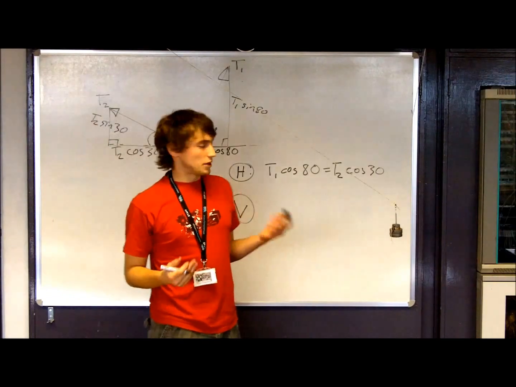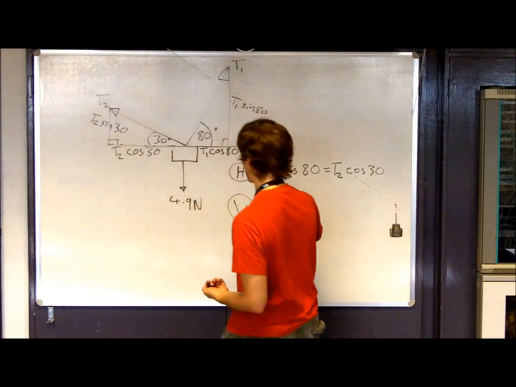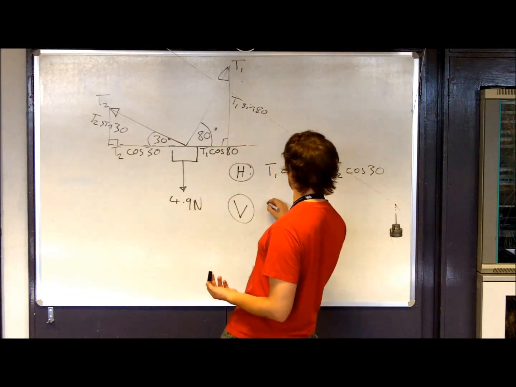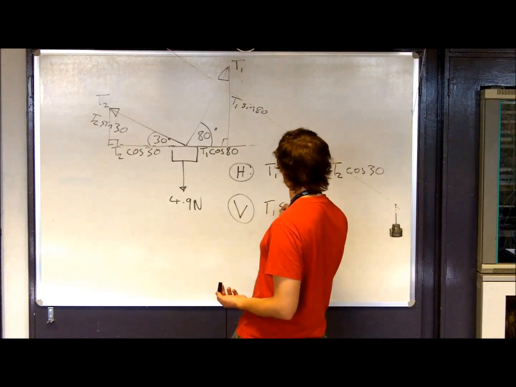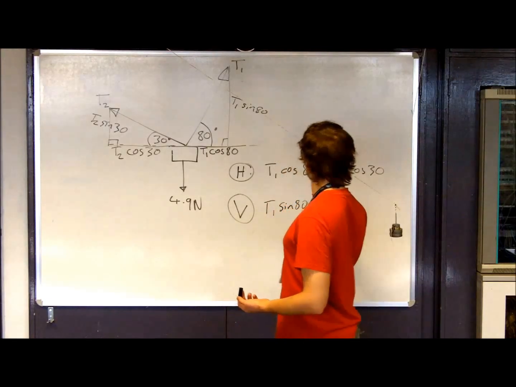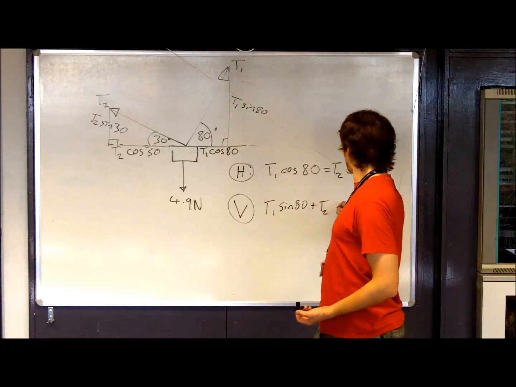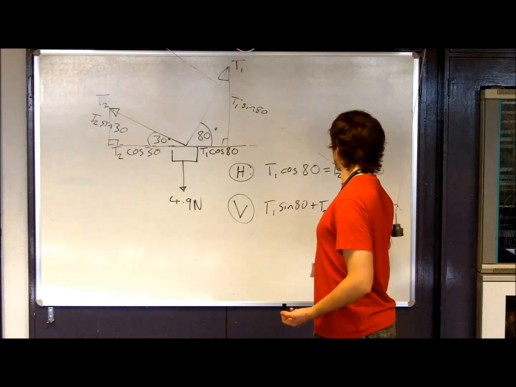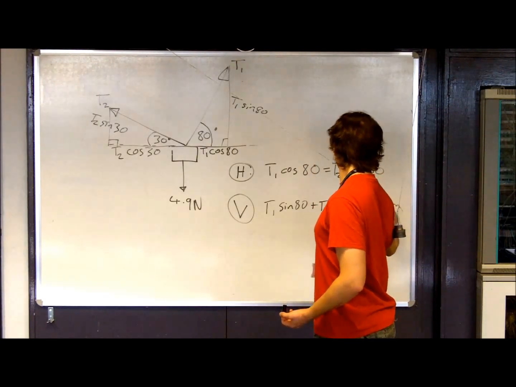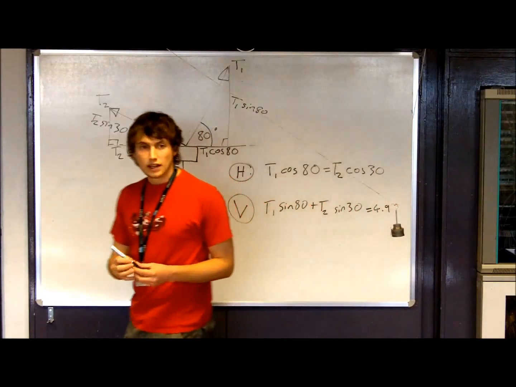So those two added together must be equal to 4.9. So we've got, and I'm just going to avoid these strings here, T1 sine 80 plus T2 sine 30 must be equal to 4.9.